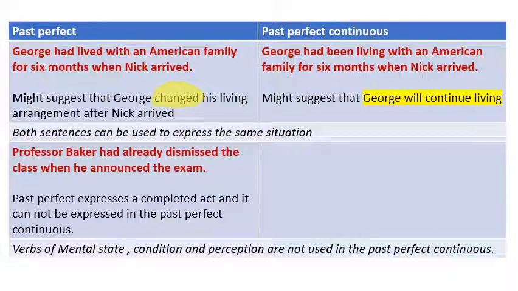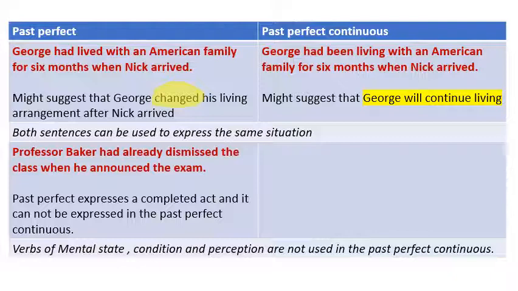Therefore, there is a possibility that George might continue living with the American family. And by the way, here there is a note saying that both sentences can be used to express the same situation. Both of them might indicate the continuation or the end of the event.